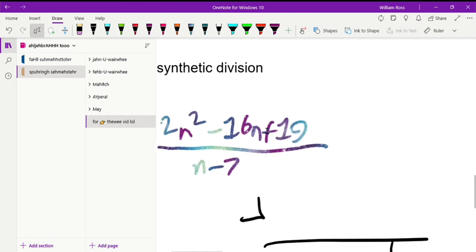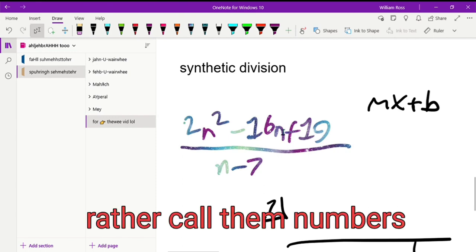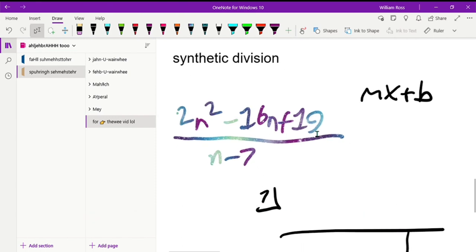Let me write this down so you know what I'm talking about. So you take the absolute value of b, and in this case it would be negative 7. The absolute value of negative 7 is positive 7. Put that here. And now we take the coefficients of the numerator and transfer them to here.